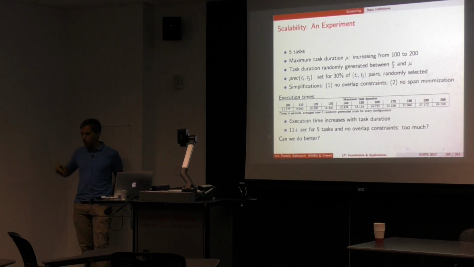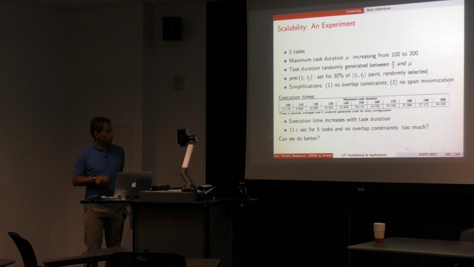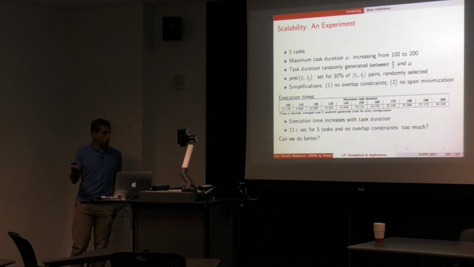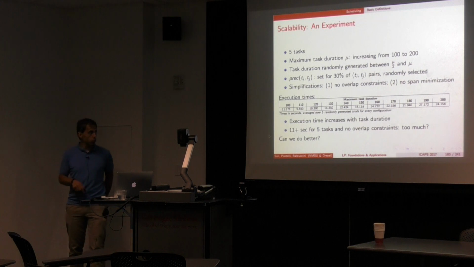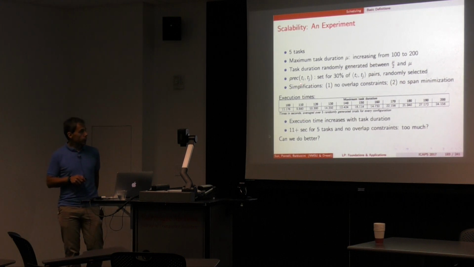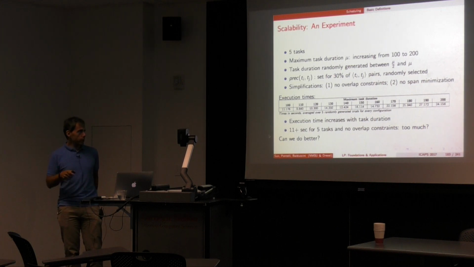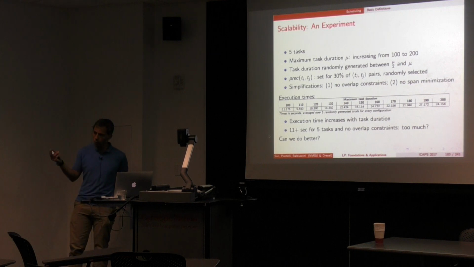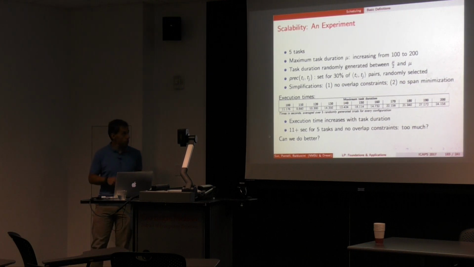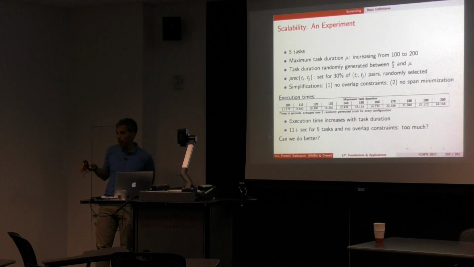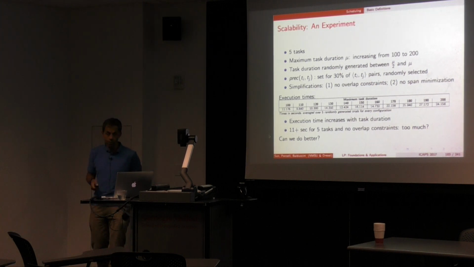Then I increased the maximum duration by 10 units at a time, and I always randomly selected the duration of the tasks in the range mu over 2 to mu. For precedences, I randomly generated 30% of the pairs. And I did not include overlap constraints, and I also did not do span minimization. So a very simple kind of task, not really realistic.